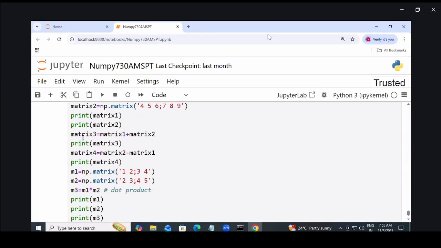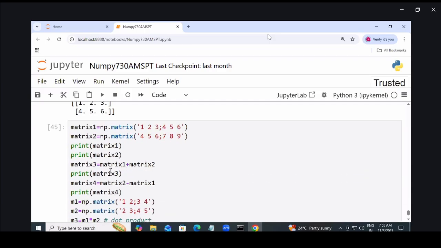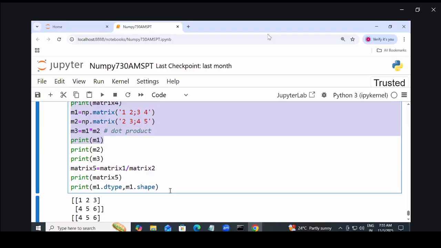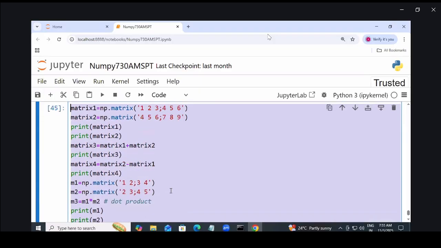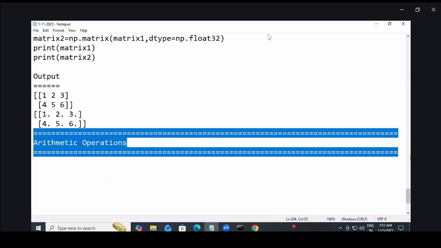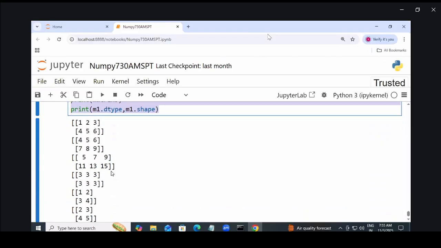So these are the arithmetic operations we have seen in the last class. Not only that, you can also perform other operations. So what are the other operations you can perform on it?